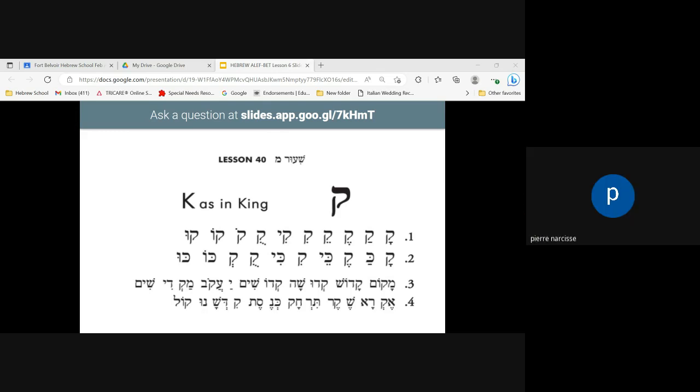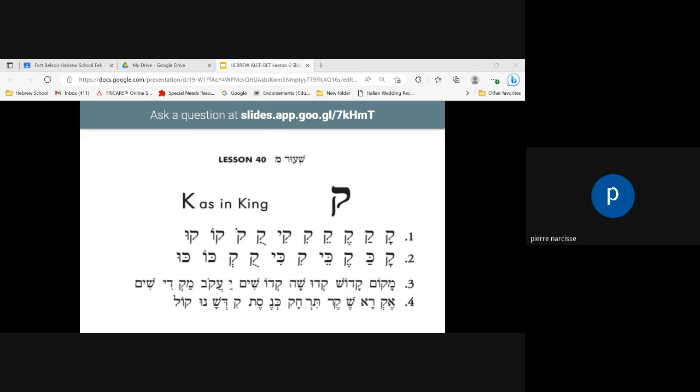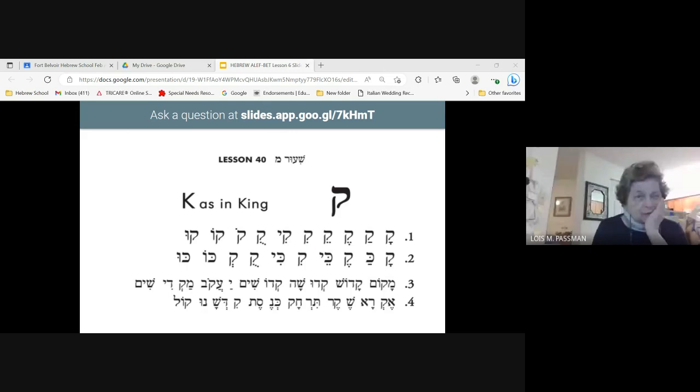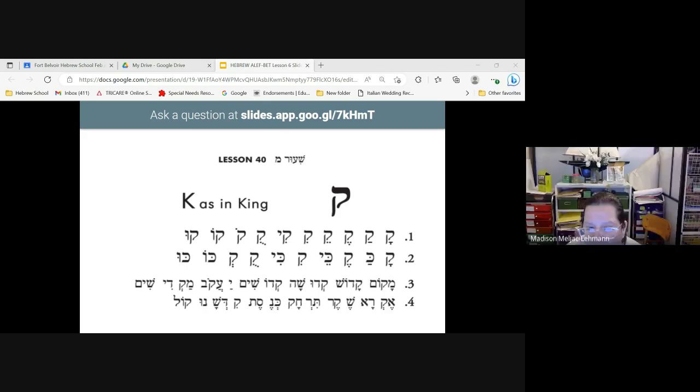And is that a final letter at the end with the dot in the middle? No, that's a vav. Mhm. Okay. Was that the apostrophe? So you have your key, and then you're going to head to this next one.